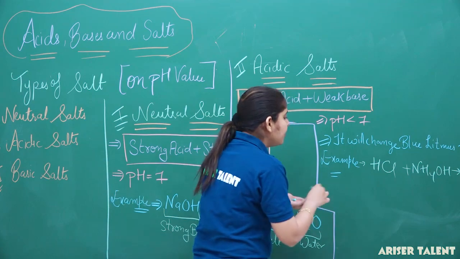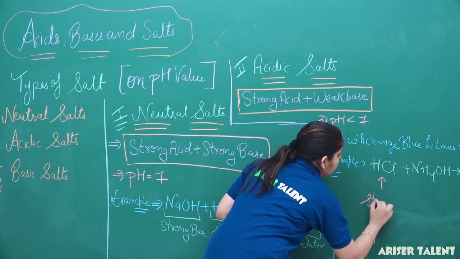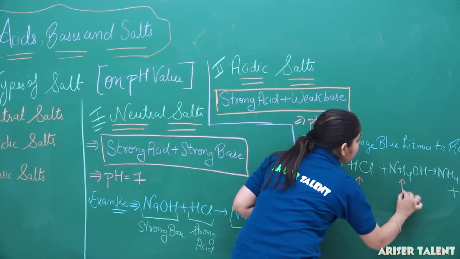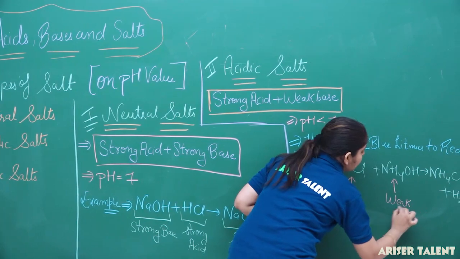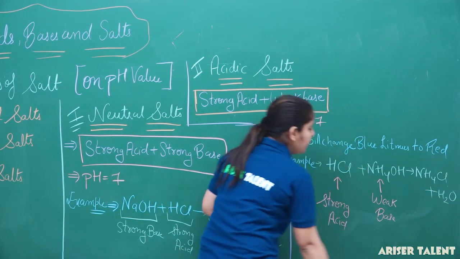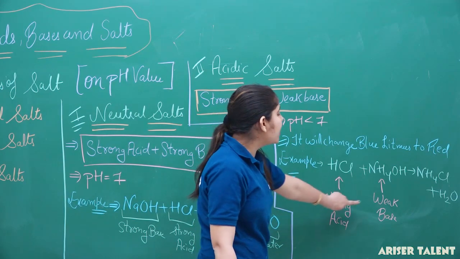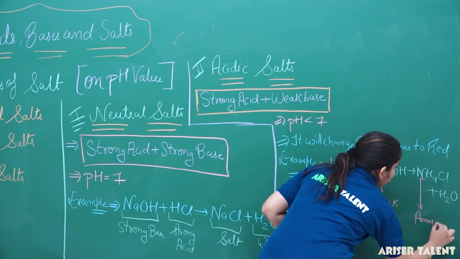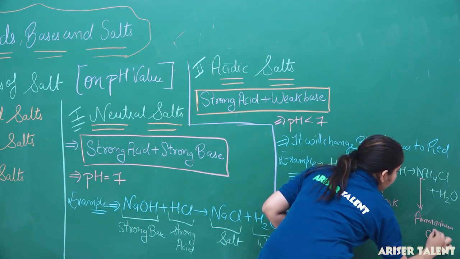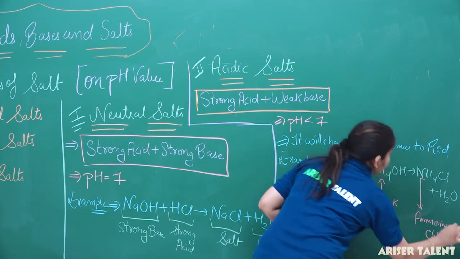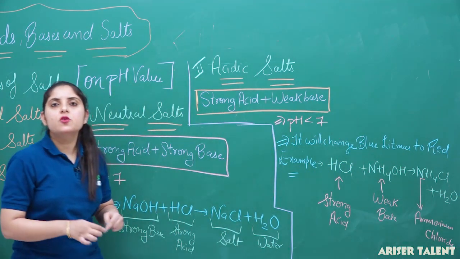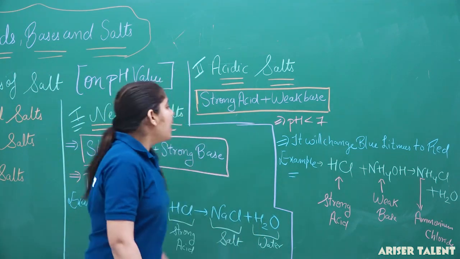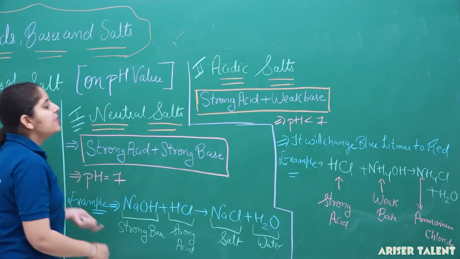You can see here that HCl is a strong acid, ammonium hydroxide is a weak base, and after reaction of strong acid and weak base, we are getting acidic salt, that is ammonium chloride. So, this is the example of the acidic salt in which the strong acid reacts with the weak base.